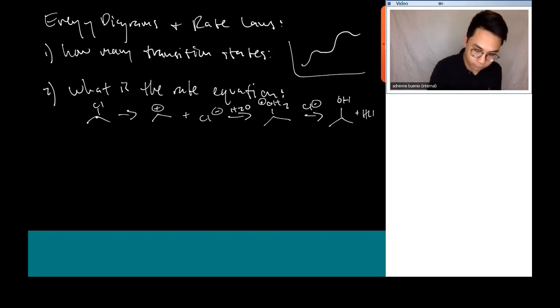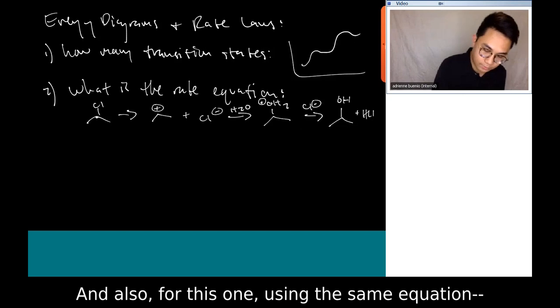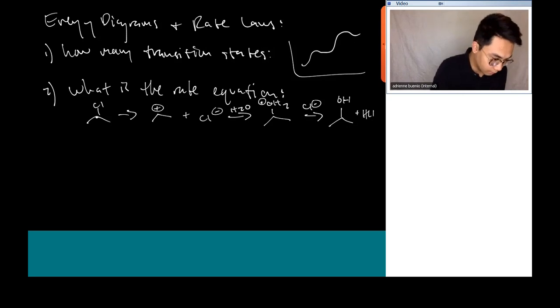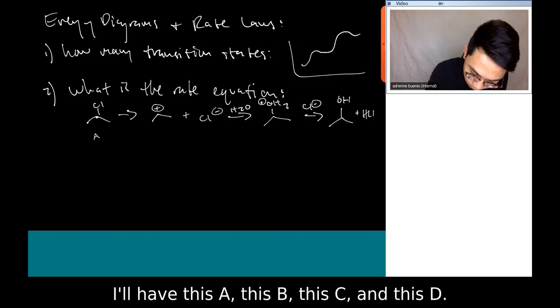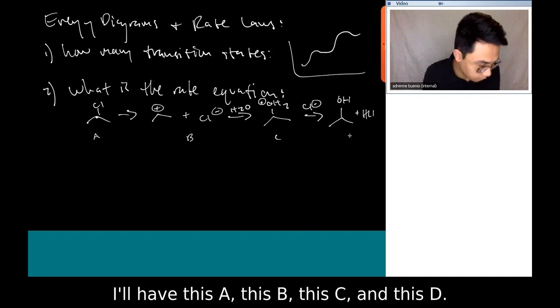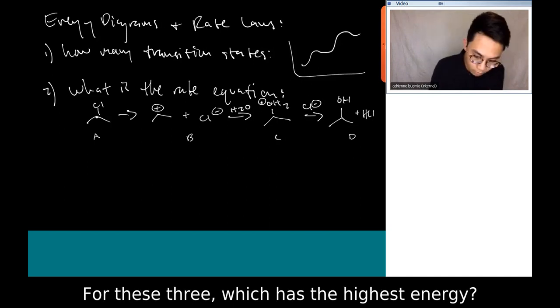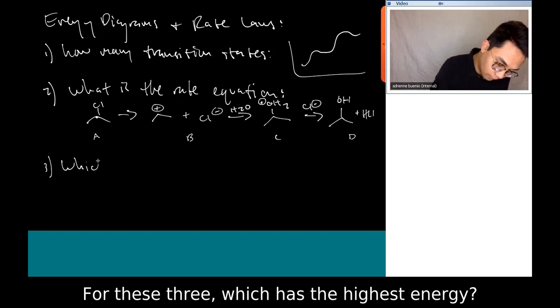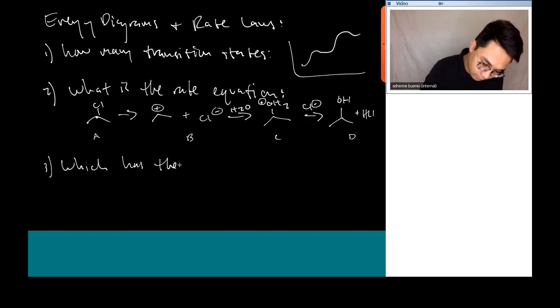And also for this one, using the same diagram, let me do this. I'll have this A, this B, this C, and this D. For these, which has the highest energy?